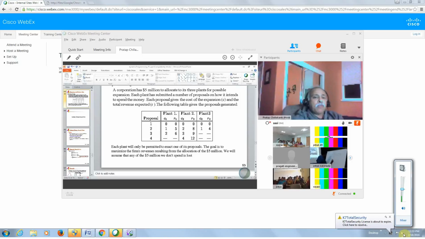JNTU Kakinada said after evaluating all the possibilities, how many total possibilities you got? So you did an exhaustive search, right? Search, meaning they're computing basically, right?